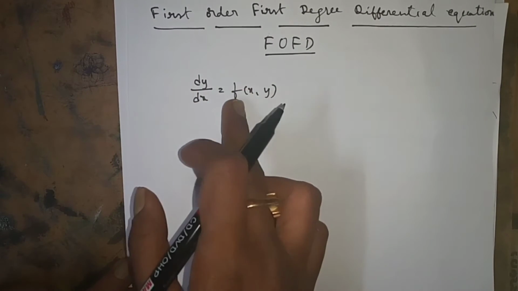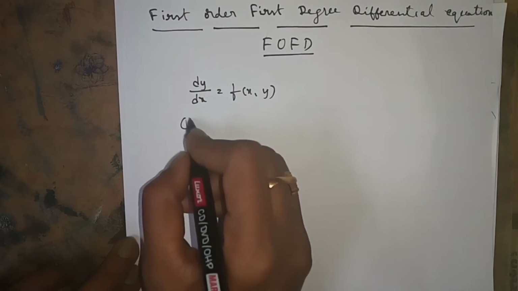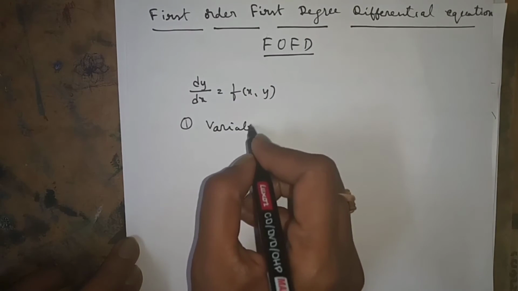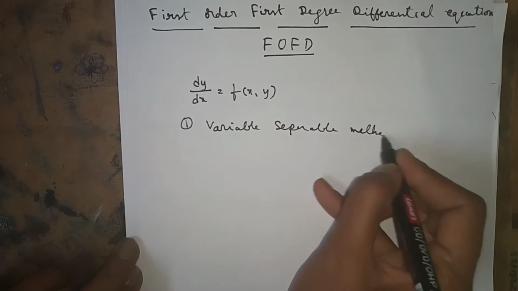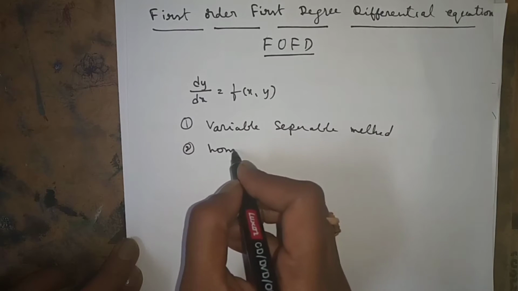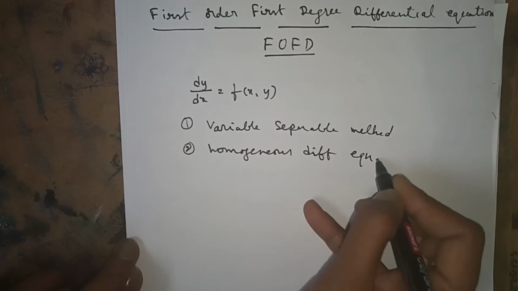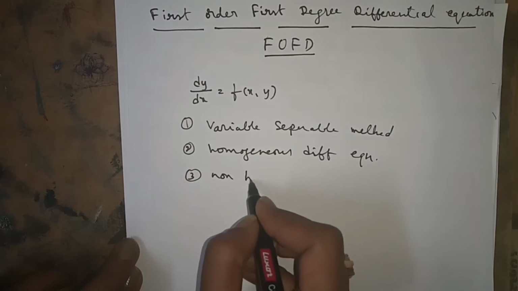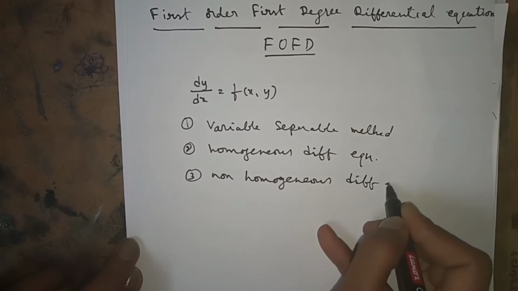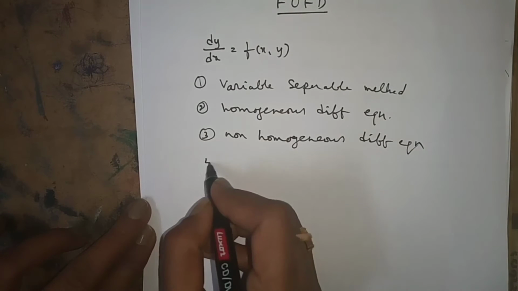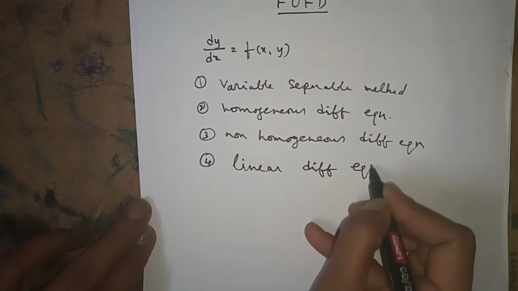To solve this first order first degree differential equation, we have several methods. The first one is the variable separable method. The second one is the homogeneous differential equation. The third one is the non-homogeneous differential equation. The fourth one is the linear differential equation.